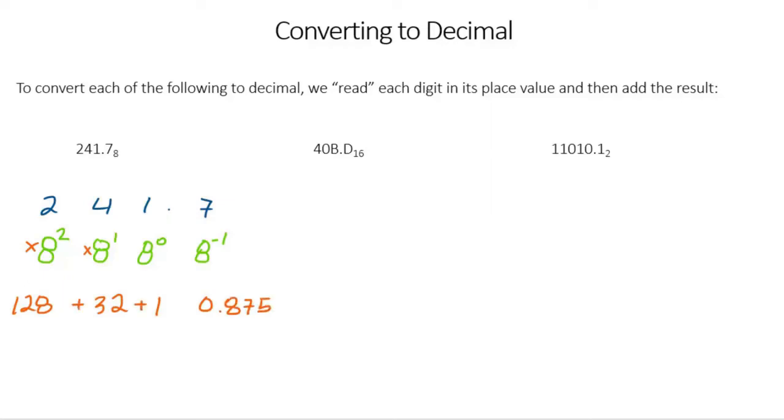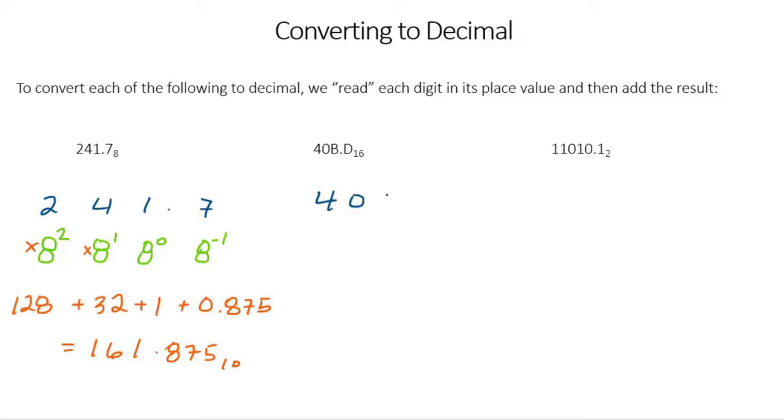These are all numbers in base 10, and if I add them together, I get 161.875. So the octal number 241.7 has the decimal equivalent of 161.875. We can use the same analysis on the hex number.